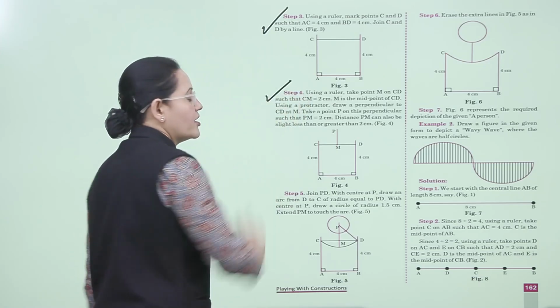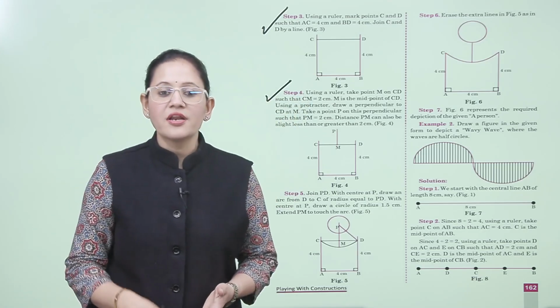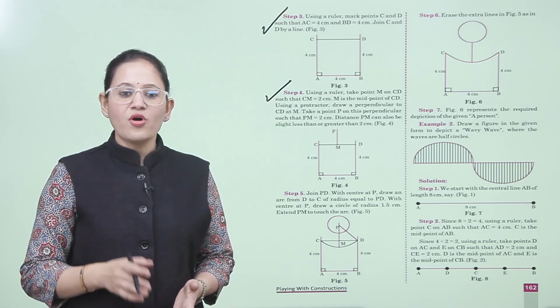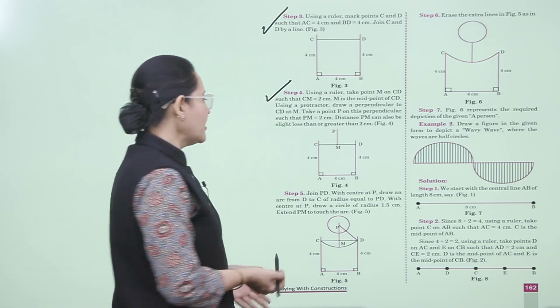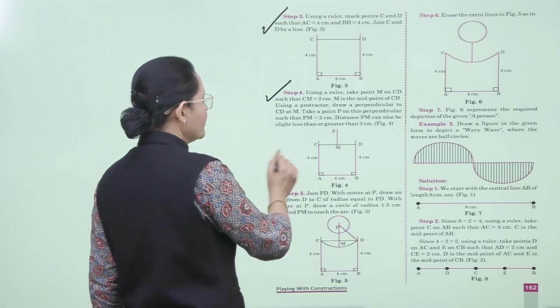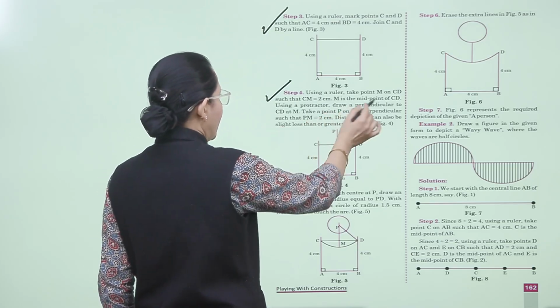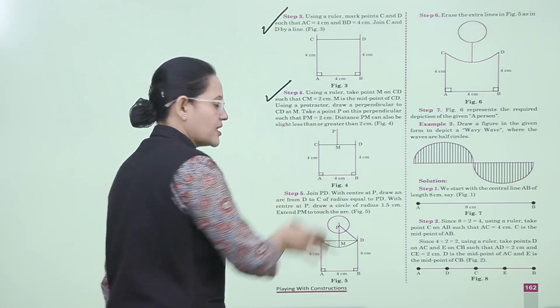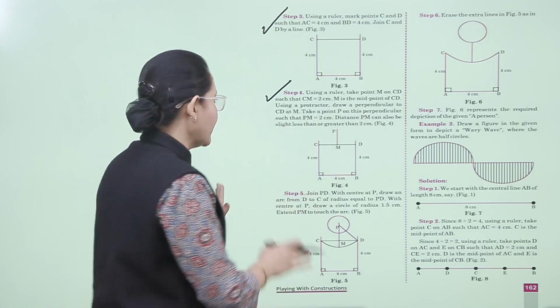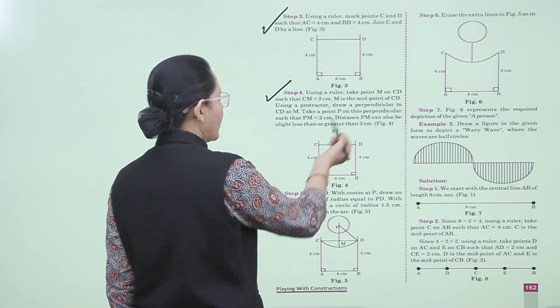Now step 4. Using the ruler, take a point M on CD such that CM is 2 centimeters. So we'll take a point M on CD. This is the line CD. We'll take a point in the middle of that line that will divide the given line into 2 equal halves.